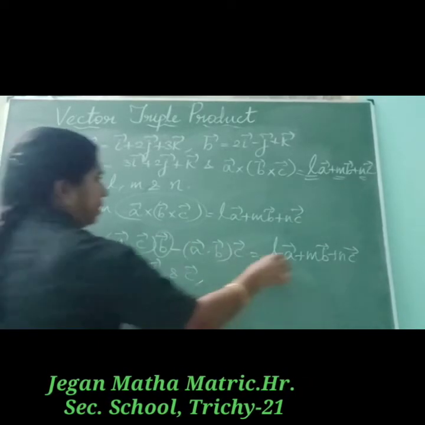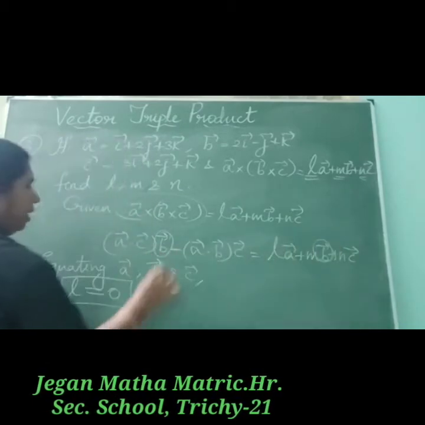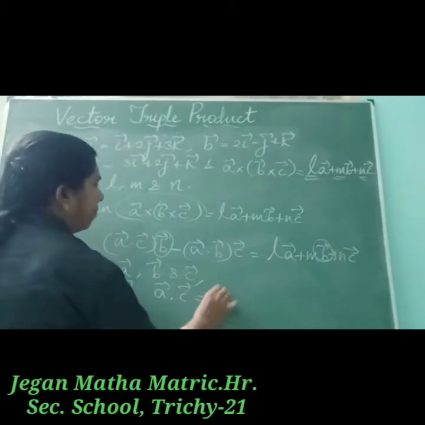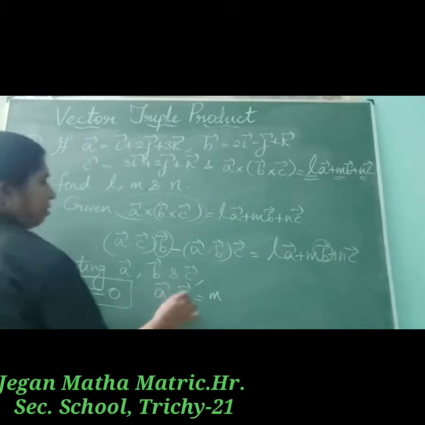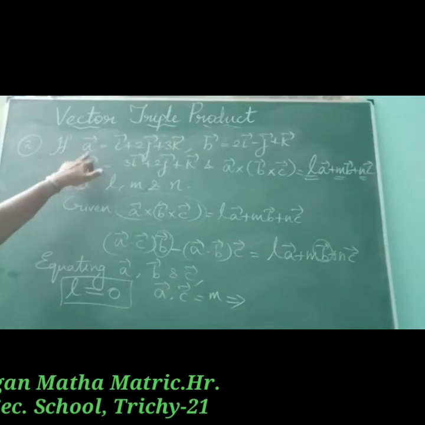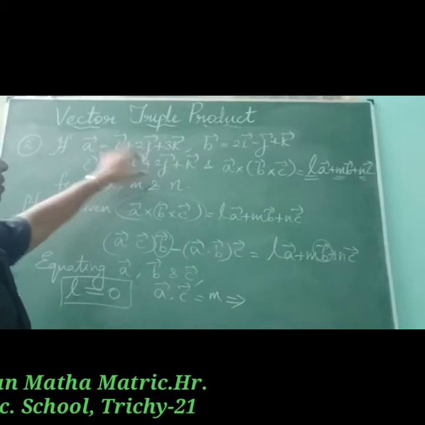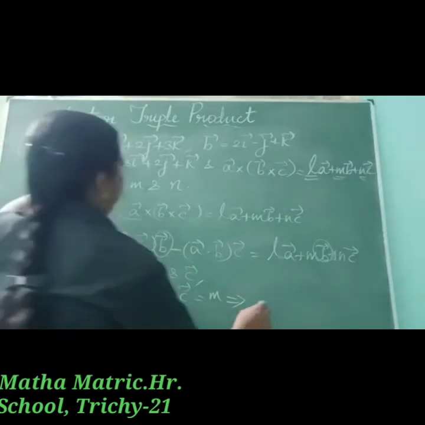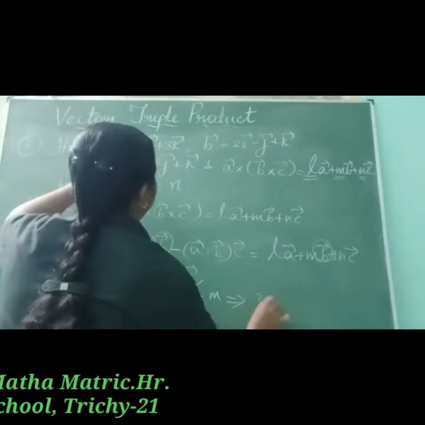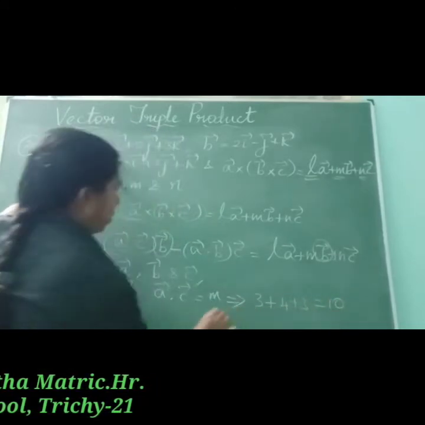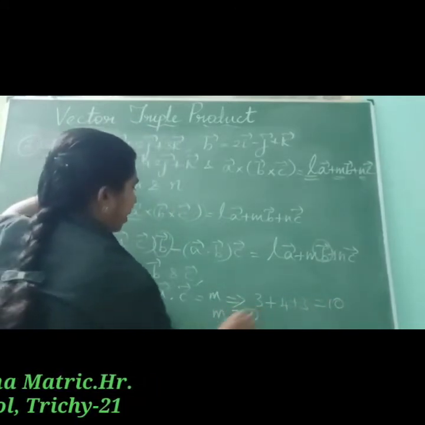Then the coefficient of B: A dot C is equal to M. What is the value of A? I plus 2J plus 3K. So the dot product of A and C is 3 plus 4 plus 3, which is equal to 10. Therefore the value of M is equal to 10.